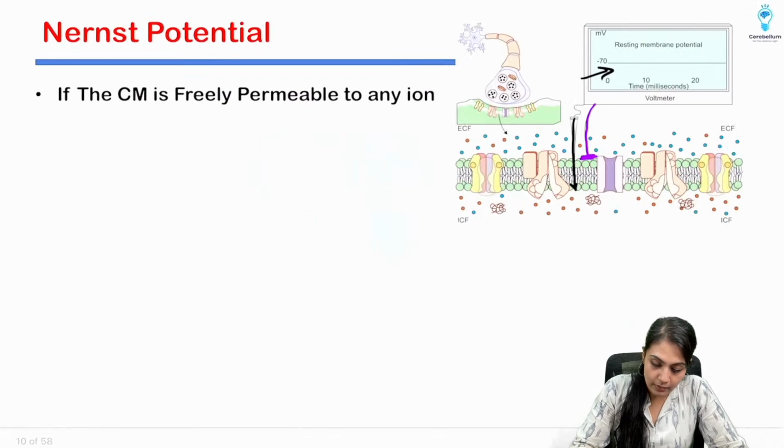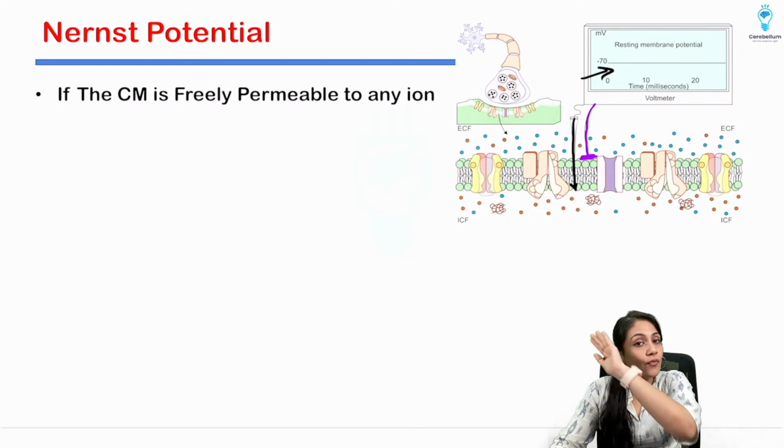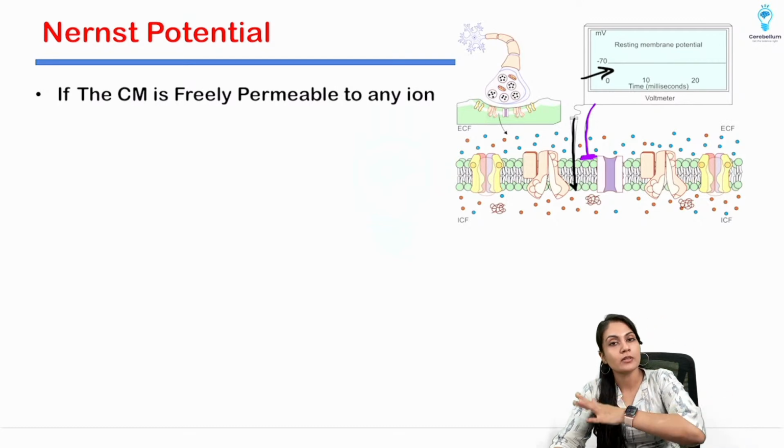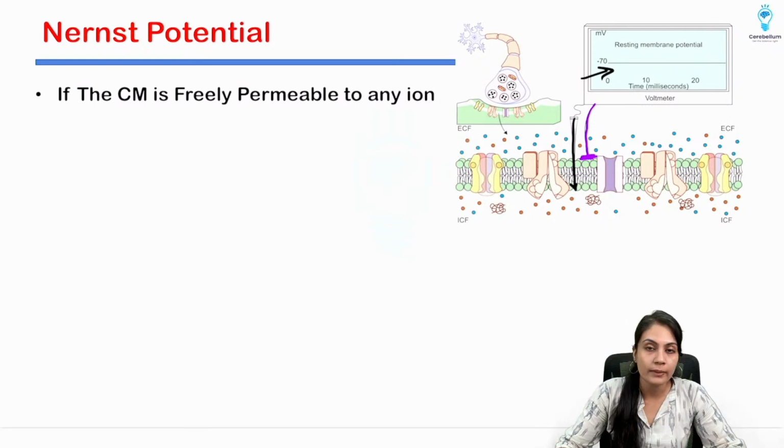So let's write the definition first. If the cell membrane is freely permeable to any ion, now there is no particular boundary that this should be semi-permeable or that there should be other ions inside holding them. We haven't put any such criteria on this Nernst potential right now, so as to understand.